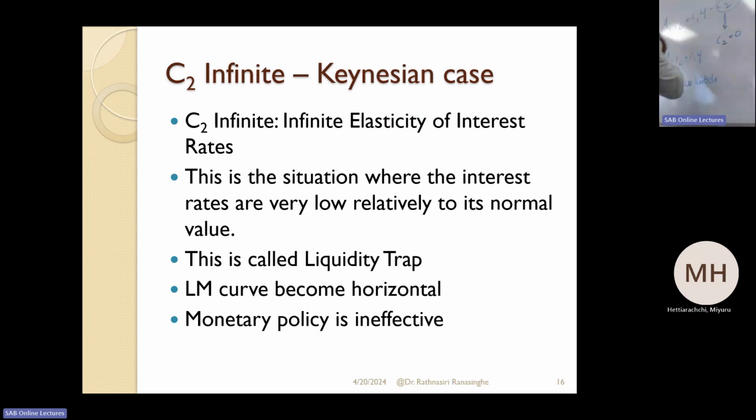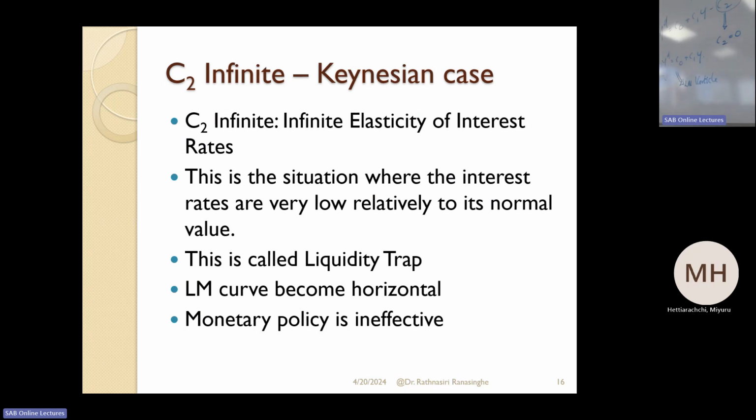Liquidity trap, right? If C2 is infinite, then under those circumstances the interest rate prevails at a very low level in the money market, compared with the normal situation. That kind of situation we identify as the Keynesian case.